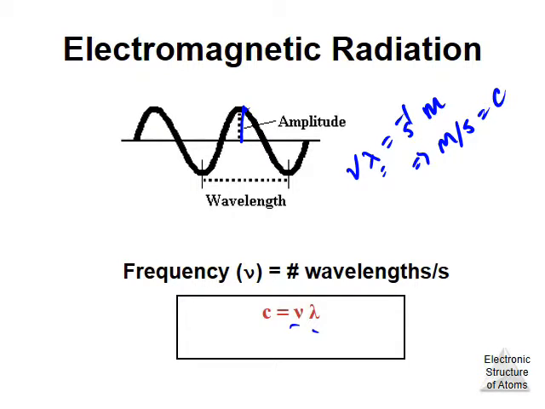And the wavelength is the distance between two similar points in successive waves. For example, this point and this point are identical points, so the distance between them would be a wavelength. Same is the case for the bottom peak and the next bottom peak next to it, and the distance between them would be another wavelength.